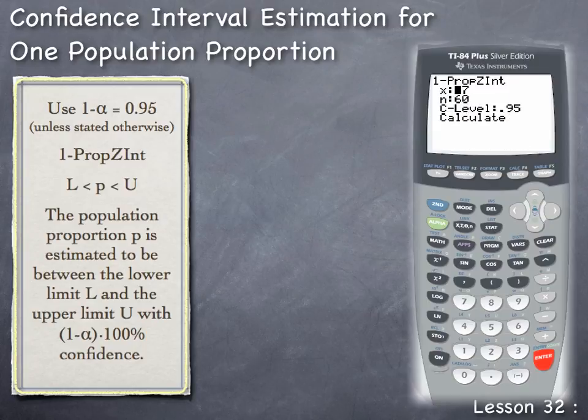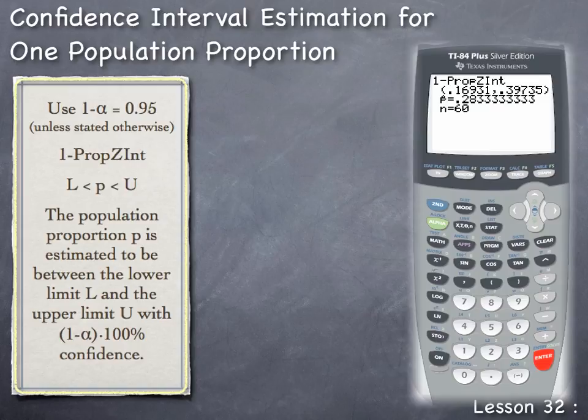The required input is the data value, x, the sample size, n, and the confidence level. Arrow down to Calculate, press Enter, and the resulting confidence interval is displayed underneath the 1-PropZInt command inside parentheses separated by a comma. The first number is the lower limit L, and the second number is the upper limit U.